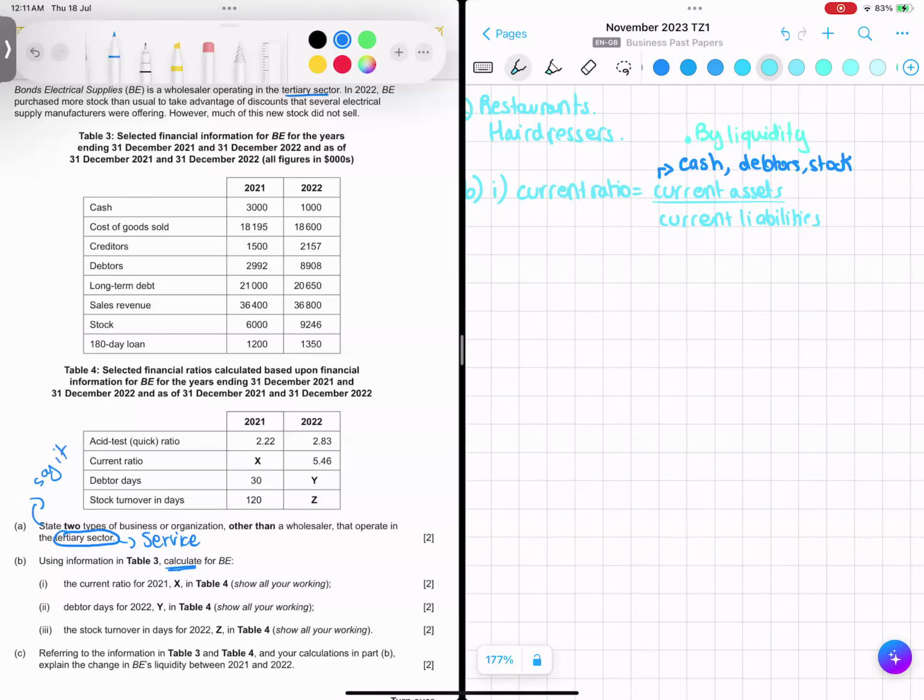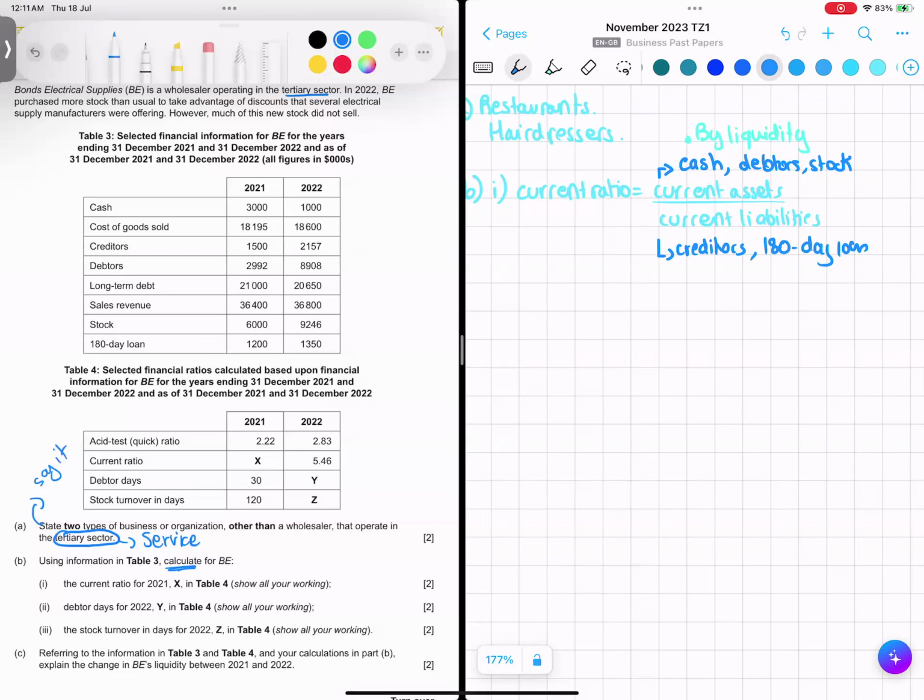Then you have current liabilities. In this case, the current liabilities we do have are creditors and the 180-day loan. And I'm going to explain why. Okay, this is very important for me to explain why. Current assets and current liabilities are short term, okay?